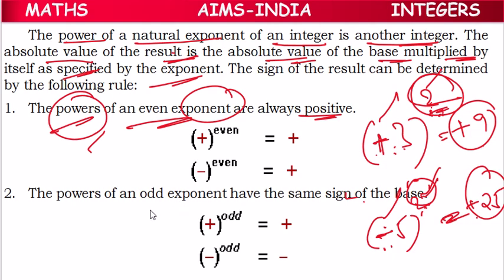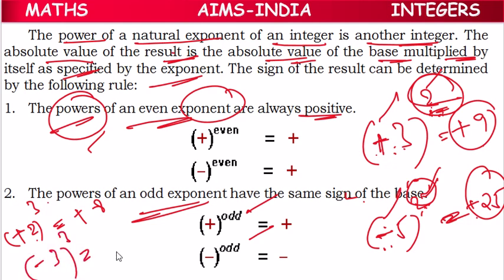Otherwise, if you have an odd exponent, means in the place of exponent, if you have an odd number, like plus 2 whole cube, then its value will be plus 8, or minus 3 whole cube, its value will be minus 27, because minus 3 into minus 3 into minus 3 is minus 27.